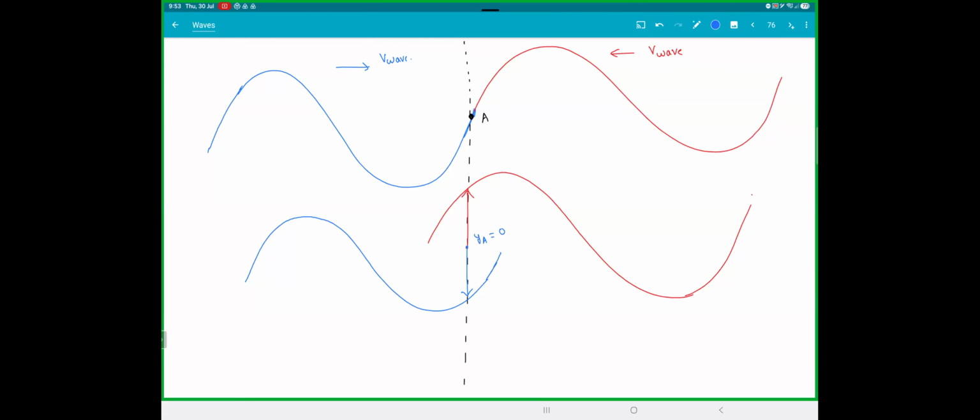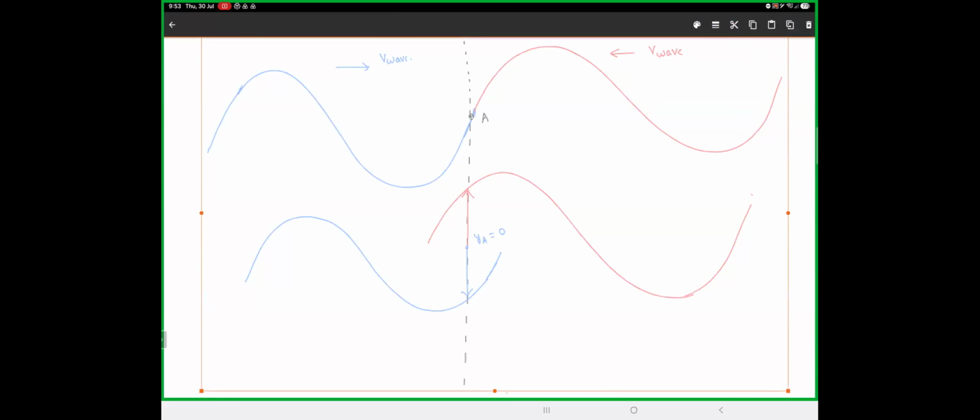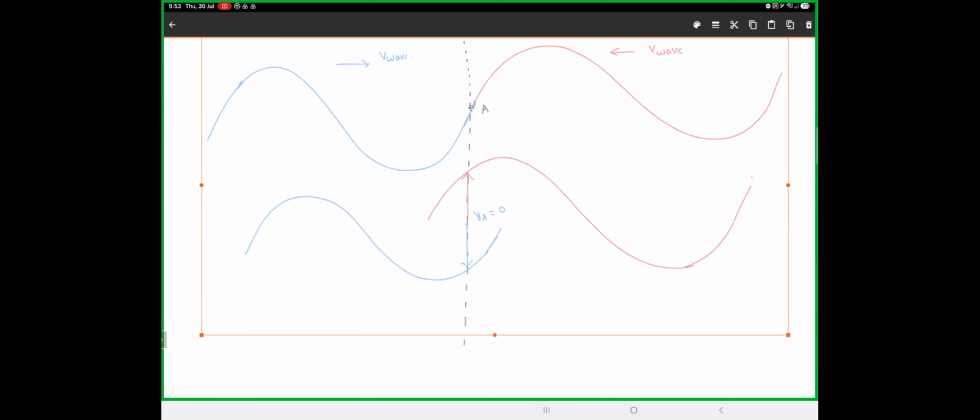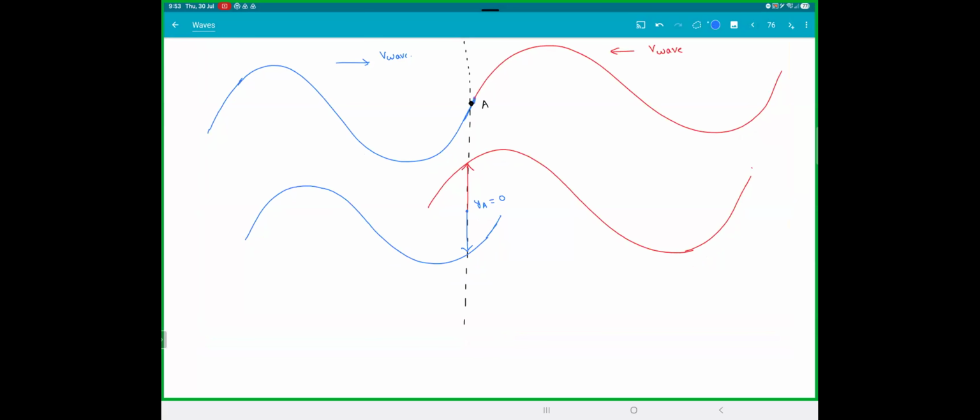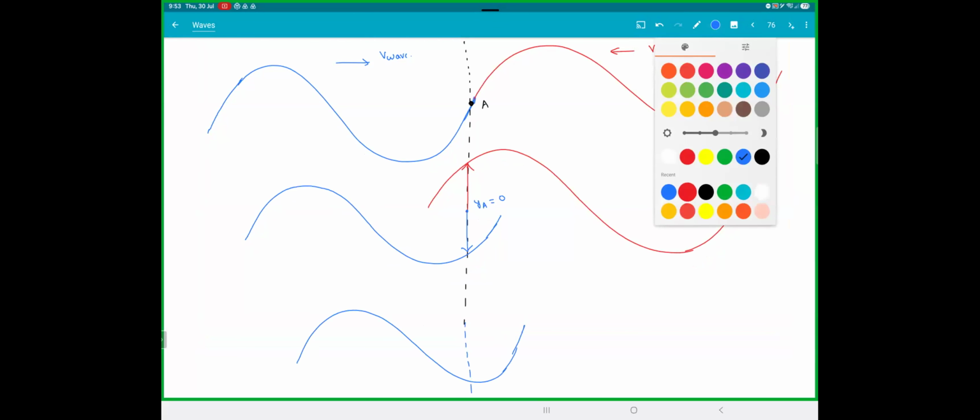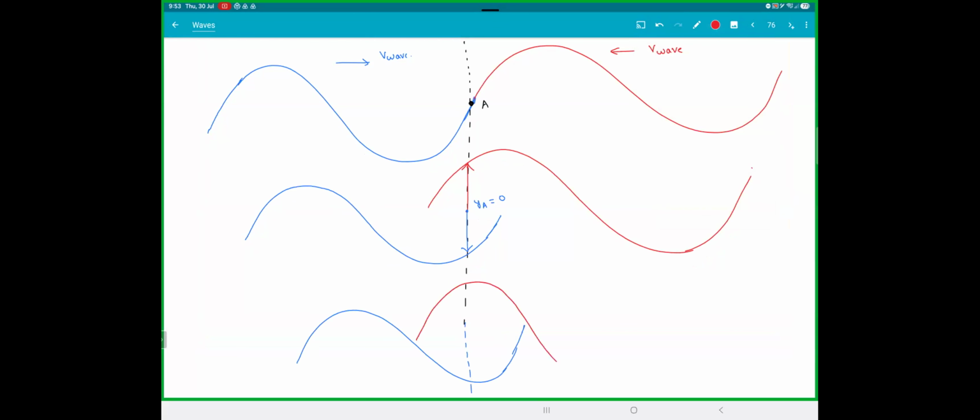After some more time, if you give a little more time, then what will happen? The blue guy will become something like this. The red guy will become something like this.